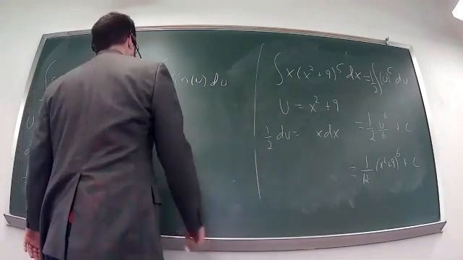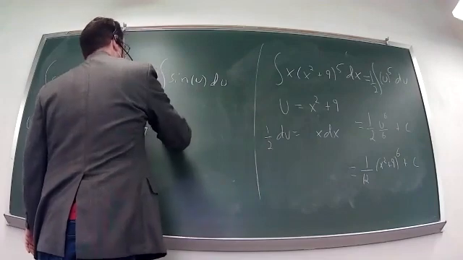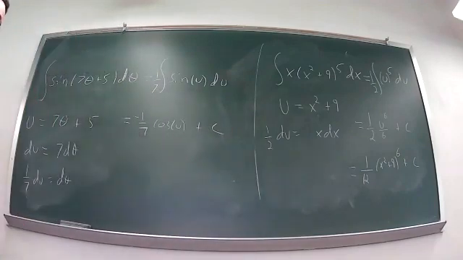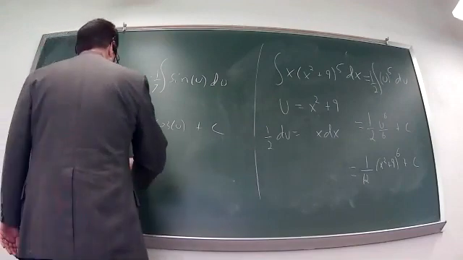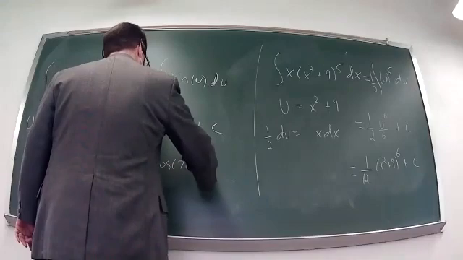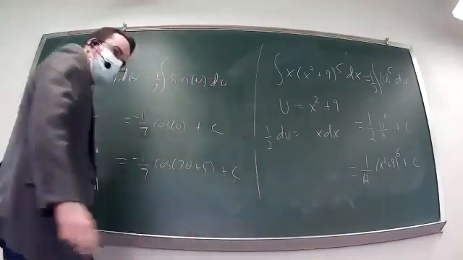The integral of sine, or the antiderivative of sine, is what? Negative cosine. And then plus an arbitrary constant. And finally, I should rewrite my answer in terms of theta, so I should back substitute: negative 1/7 cosine of (7 theta plus 5) plus c.